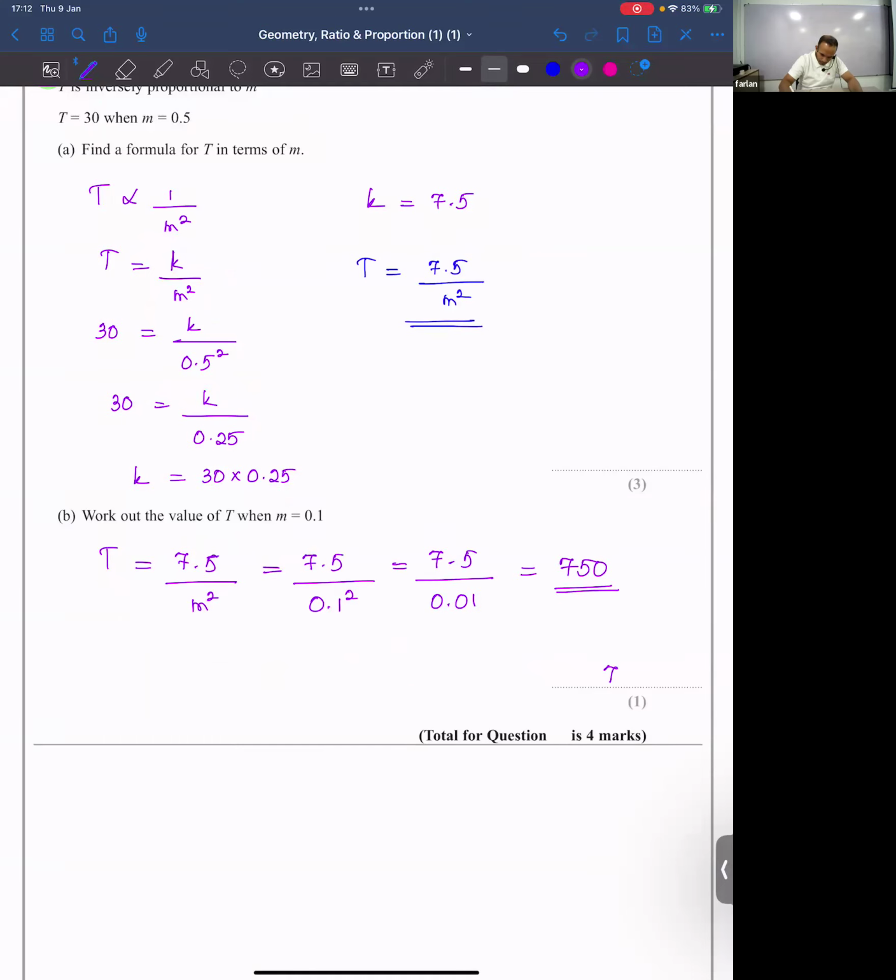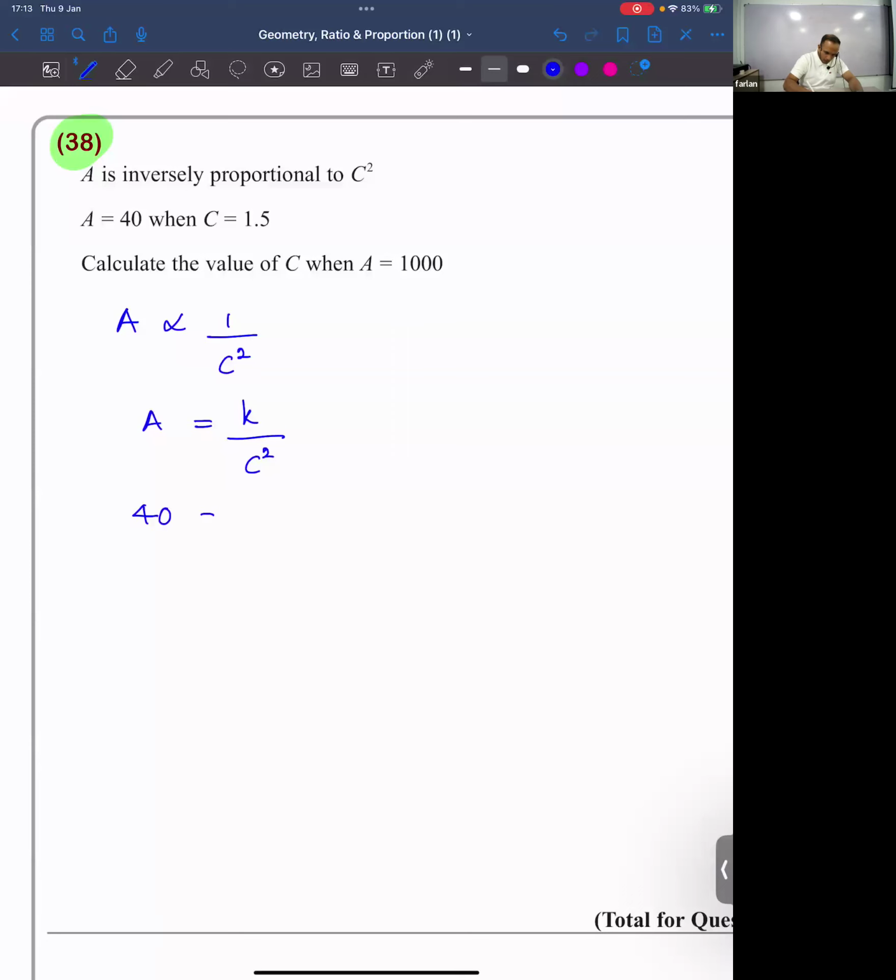To find that, we have A is 40, K over 1.5 square. So K is equal to 40 into square of 1.5. Is it 90? K equals 90.